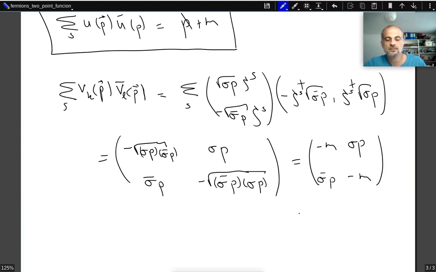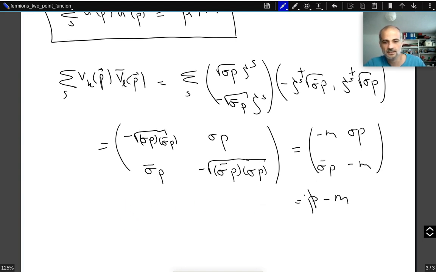This is just p slash minus m. Again, the KL element.